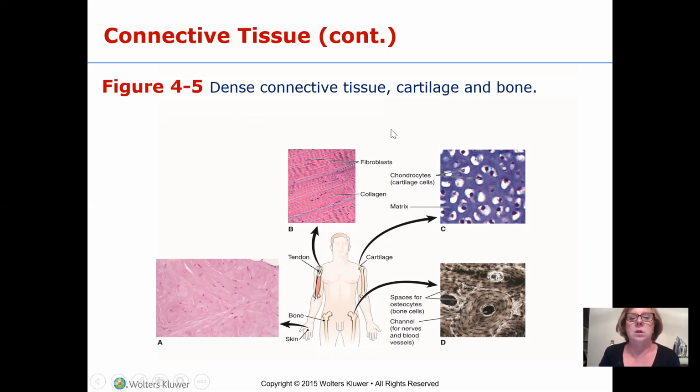These are chondrocytes, which are cartilage cells. Here, these are osteocytes. These are bone cells, okay? And then here we have some dense connective tissue, which would be found for the bone. And then here, this is hyaline, which is found on the coverings of the bones, okay?